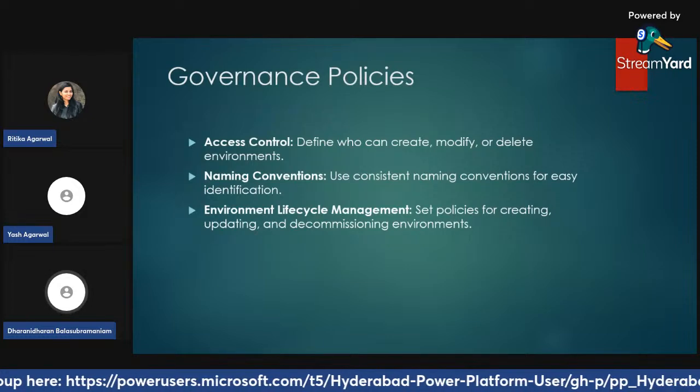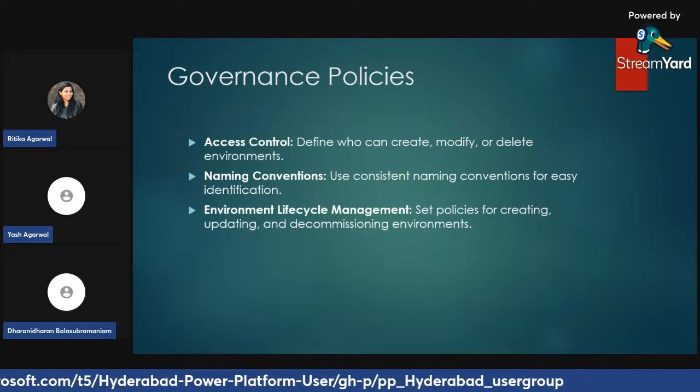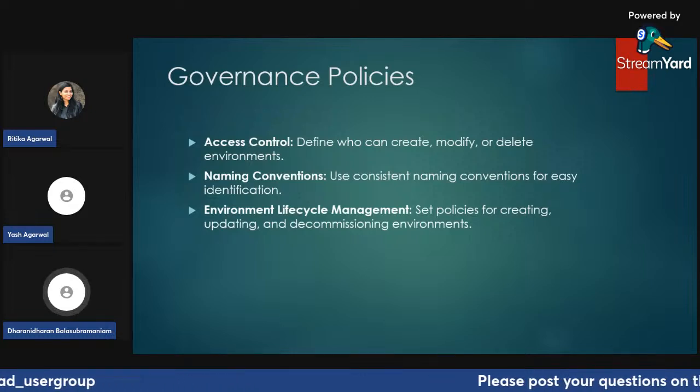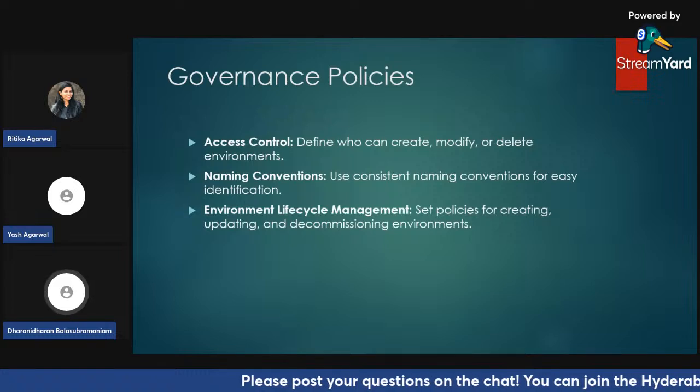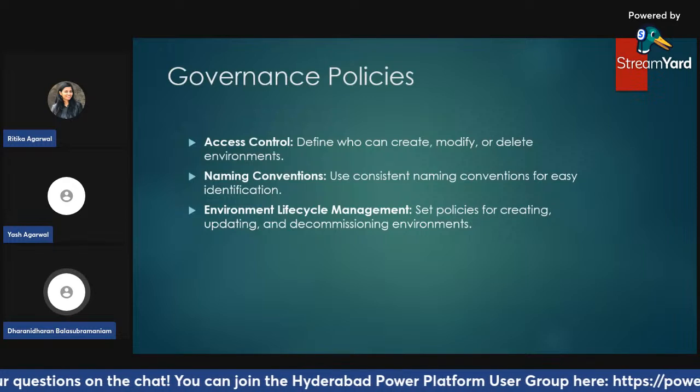And next should be automated deployments. We need to always review our pipelines to make sure everything is working as expected. With automated pipelines, it is very easy to maintain consistency and reduce manual errors. So this is one of the best practices we need to follow in the ALM process.